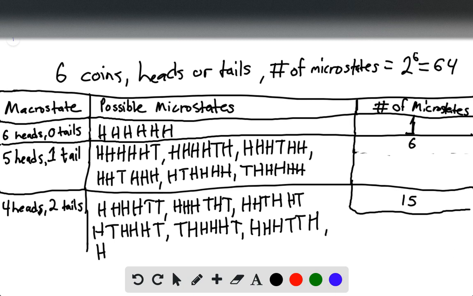We can draw them all out, but you essentially have to. There's 15 microstates for four heads, two tails. You're going to have to simply take the two tails and switch them up as much as possible until you have every possible combination.